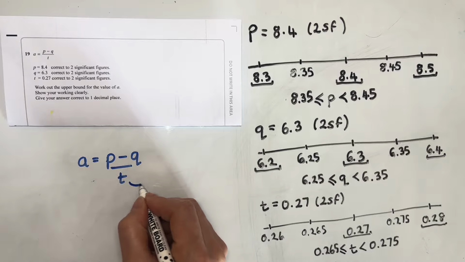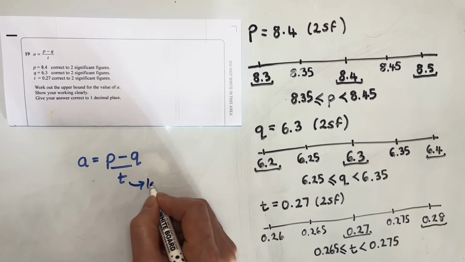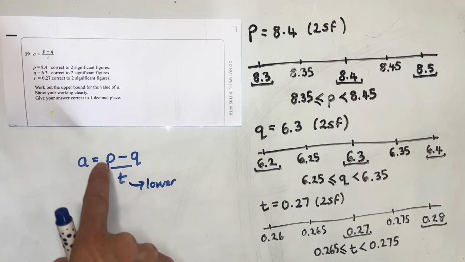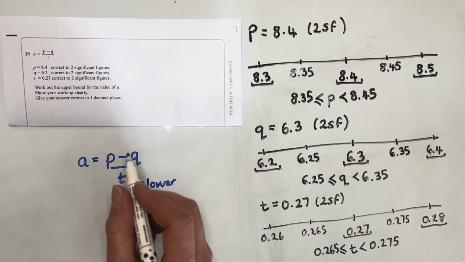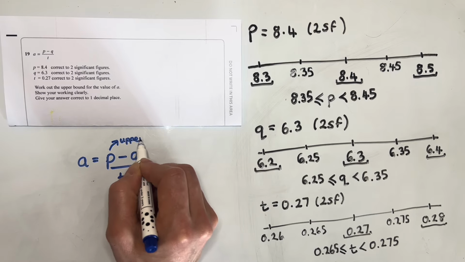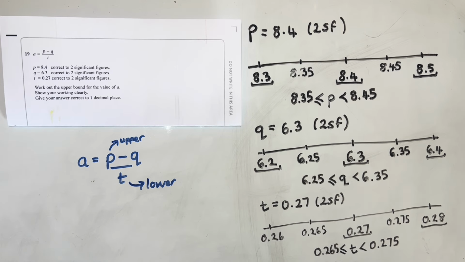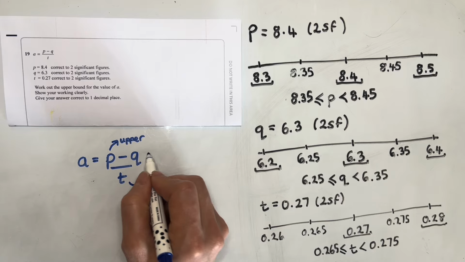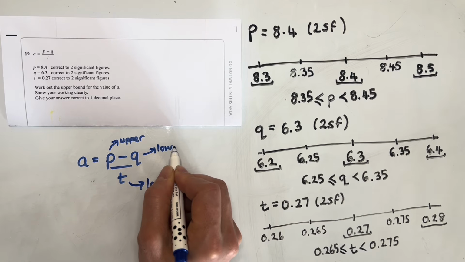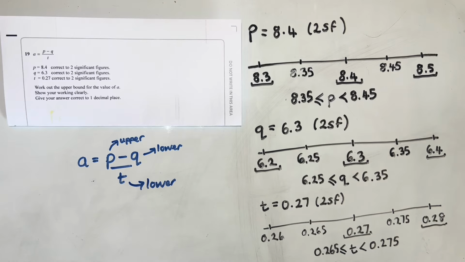So we know T needs to be the lower bound because that will give us the smallest possible value that T could have been. On the top, because we want this to be the biggest possible value, we need P to be the upper bound because this will give us the largest amount, but we want to take away the smallest amount, which means Q needs to be the lower bound.